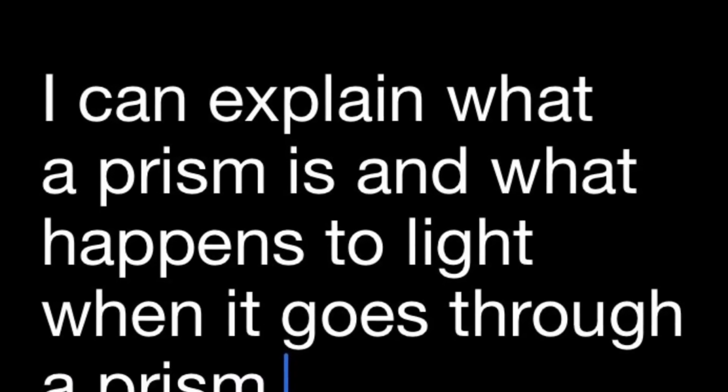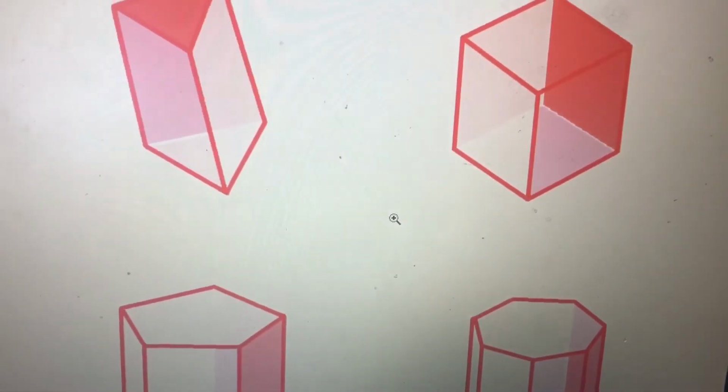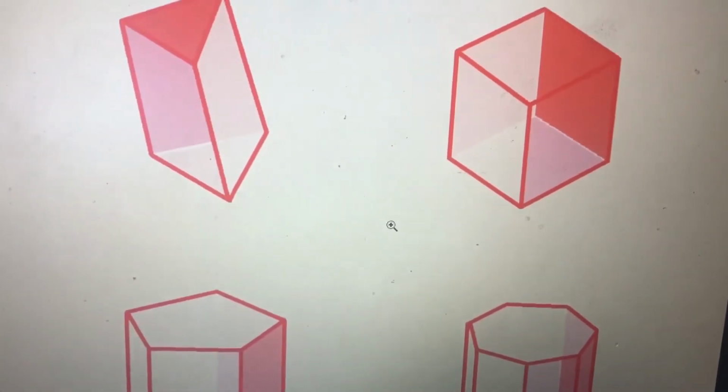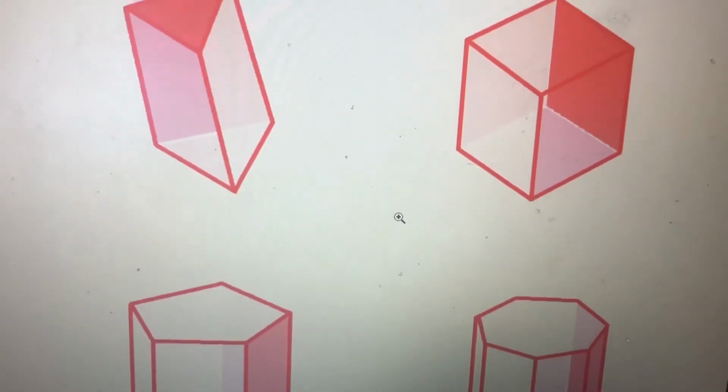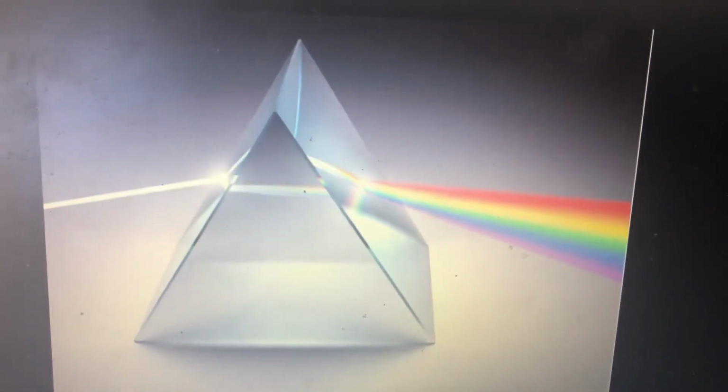I think you can do that. Absolutely. So what is a prism? Let me show you a picture again. Here are a few pictures. Those are drawings. And here is a photo of a real prism. All right, so that was our first part of the target. And what happens to light when it goes through a prism?